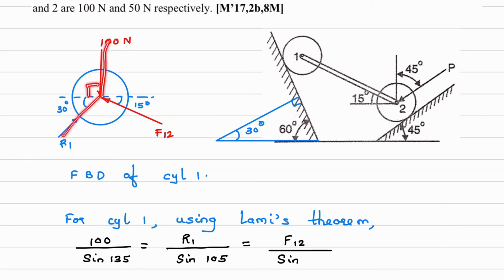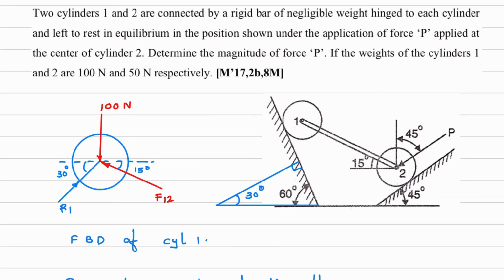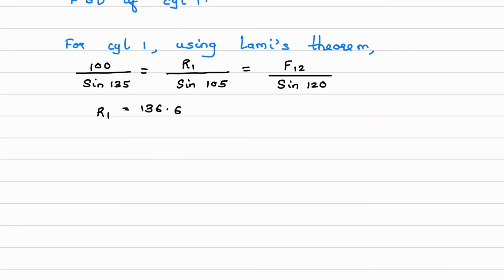This is 90 plus 30, 120. Okay, from here we can calculate R1. R1 is equal to 136.6. What is the unit given? Here you can see 100 Newton, 50 Newton. So this will be in Newtons. Then F122 also we can calculate, which is 122.47 Newton.